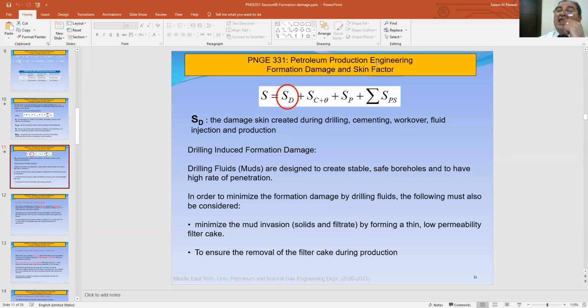This is the first one. And the second one, we have to be sure that the mud cake and the filtrate that goes inside the porous media could be removed during the production, or easily removed by the differential pressure if we are going to start our production.